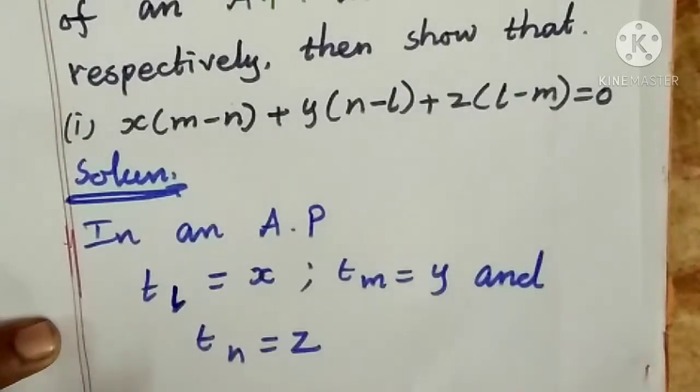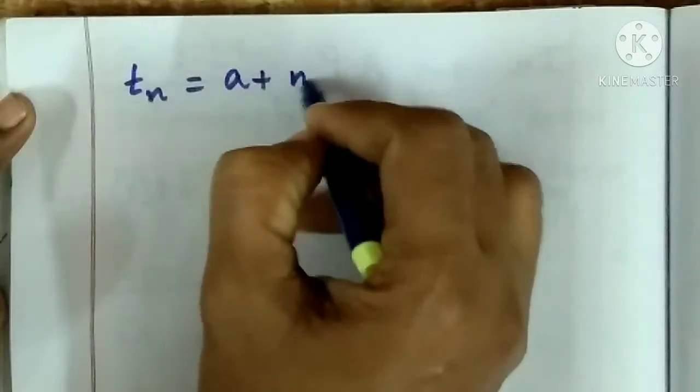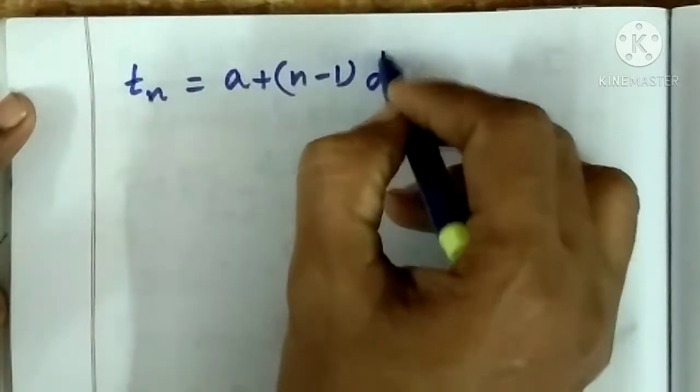Now, we have to use the nth term formula for this. The formula is Tn is equal to a plus (n minus 1) into d.